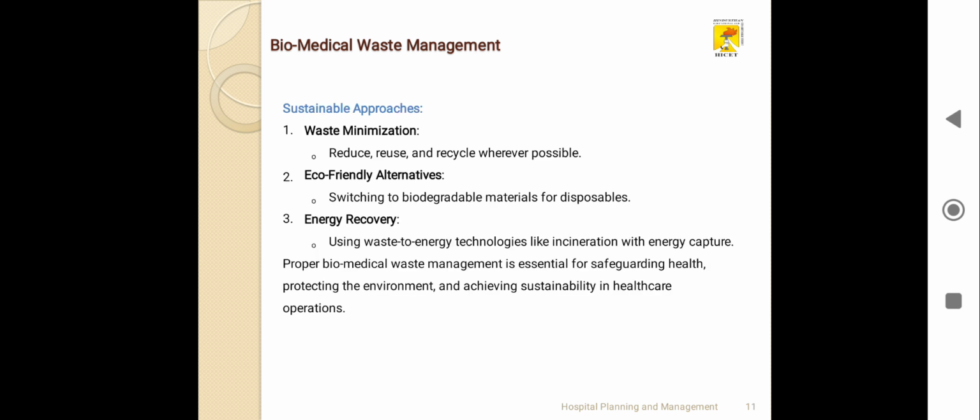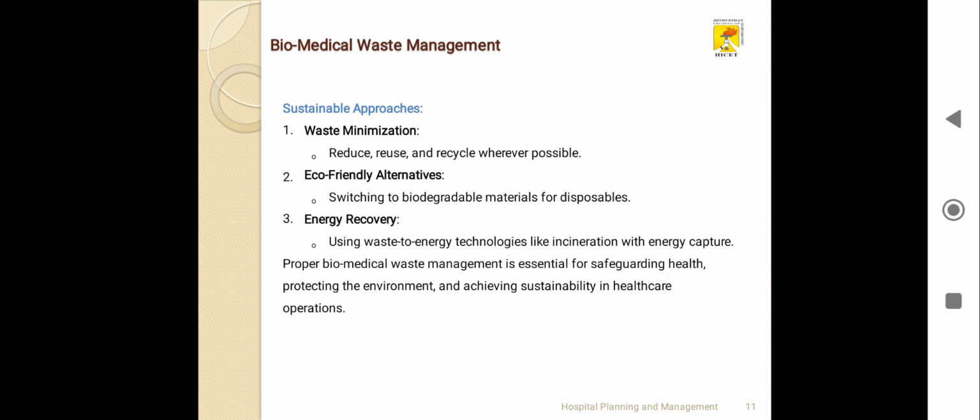Sustainable approaches. What are the sustainable approaches? Waste minimization: how can we reduce the waste? Reduce, reuse, and recycle wherever possible. Use eco-friendly alternatives, switching to biodegradable materials for disposables.